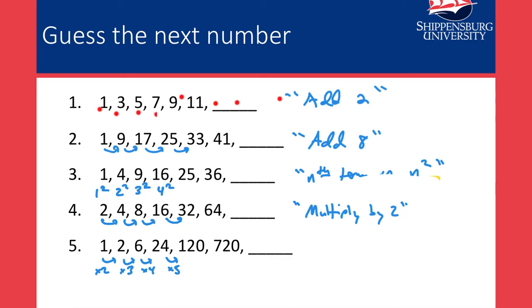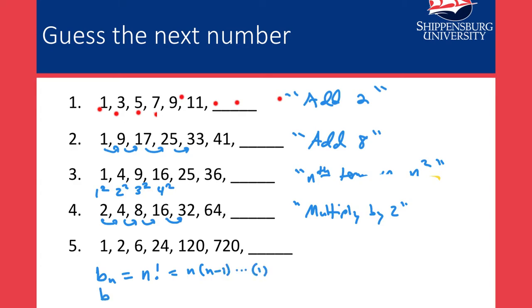These terms have a name that we will use later on in our class. The formula for the sequence would be, let's say I call this sequence B, we would say B sub n is n factorial. That's n with an exclamation point. And n factorial means to multiply all the numbers from n down to 1.